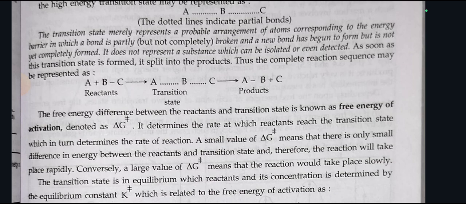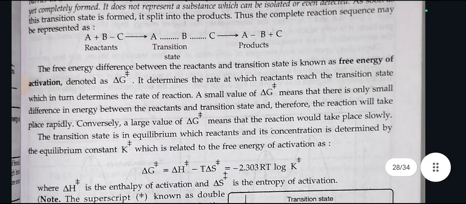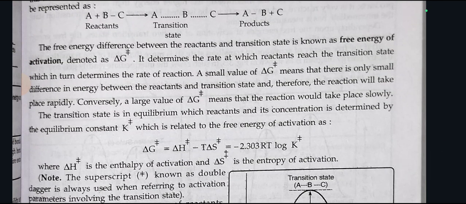Thus, the complete reaction sequence may be represented as A plus BC (reactants) gives ABC (transition state), which then gives AB (product) plus C. The free energy difference between the reactants and the transition state is known as the free energy of activation, denoted as delta G double dagger.